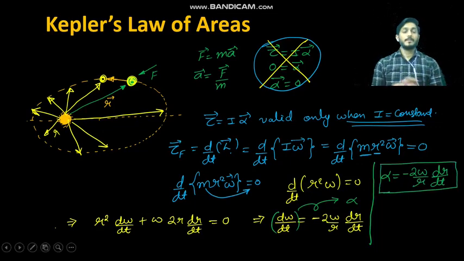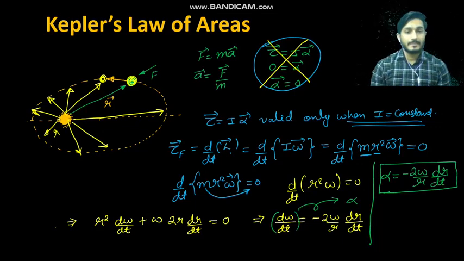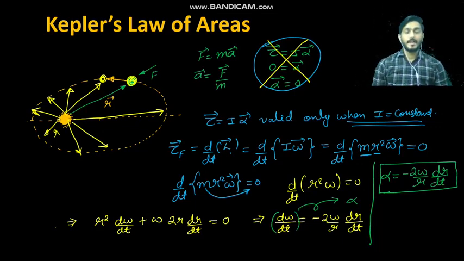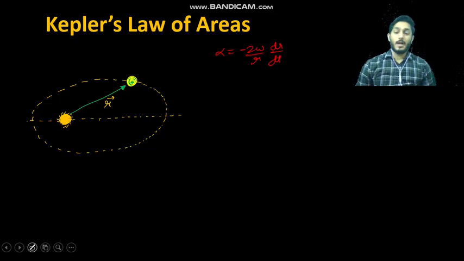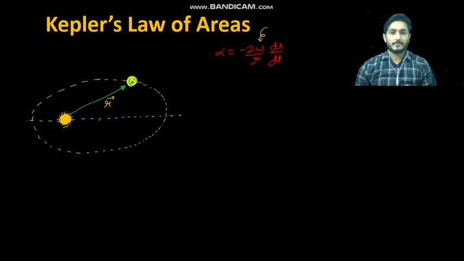We are having a variable angular acceleration, and that variable angular acceleration is the cause of change in angular velocity. Okay, so we have reduced the expression of alpha. It comes out to be minus 2 omega by r dr by dt. Let's see how this omega is changing.